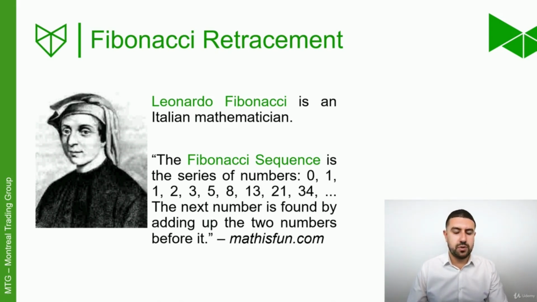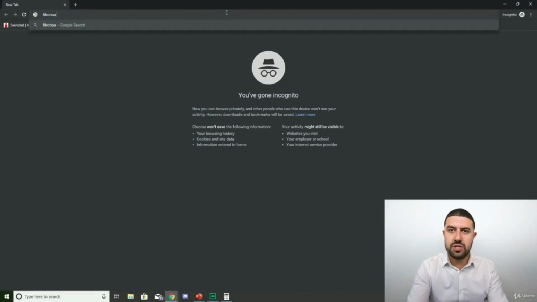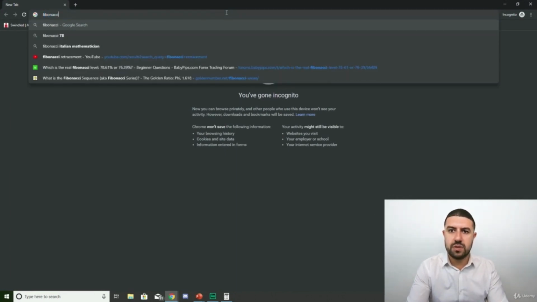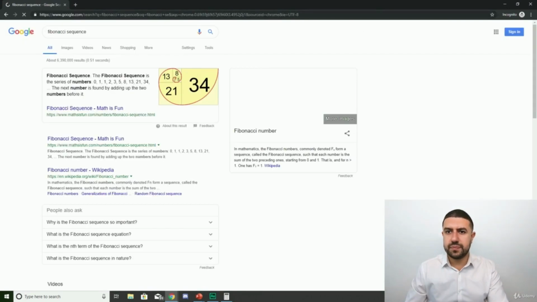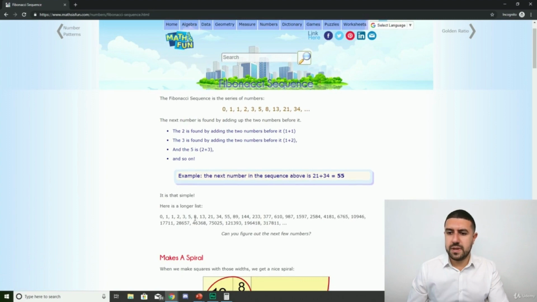So I can just open a Google tab here, and we can just write Fibonacci sequence. And you'll see here that the sequence keeps going, right?